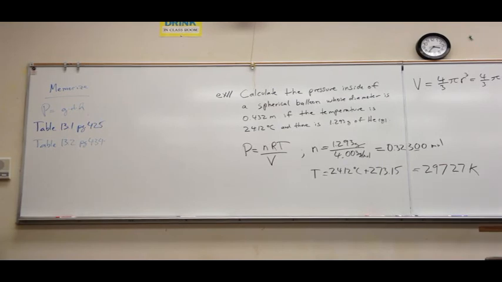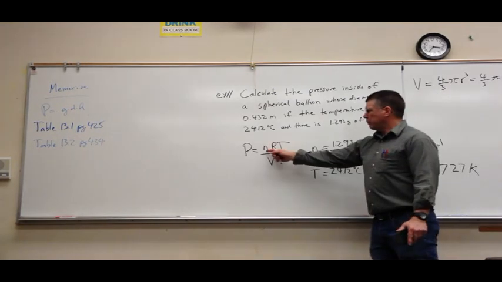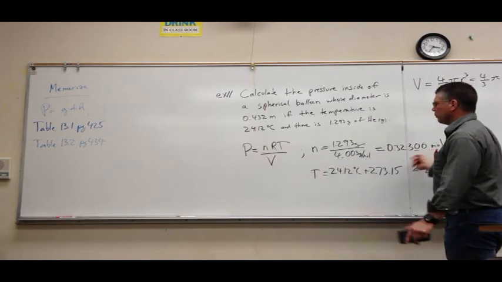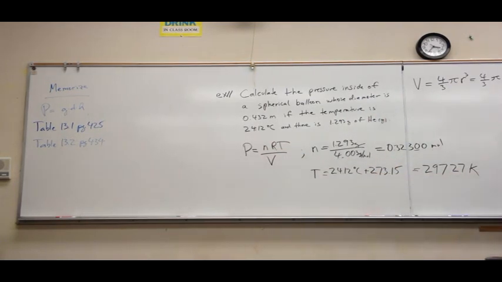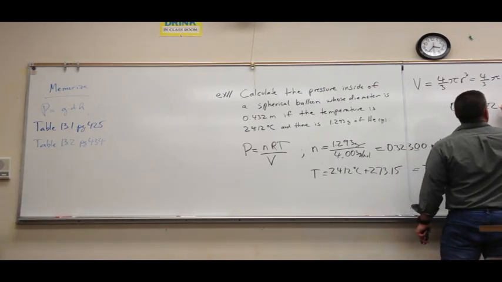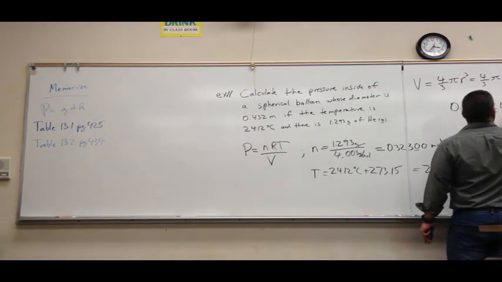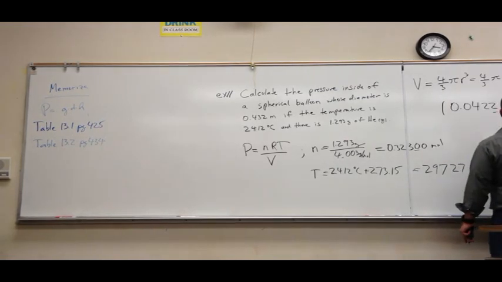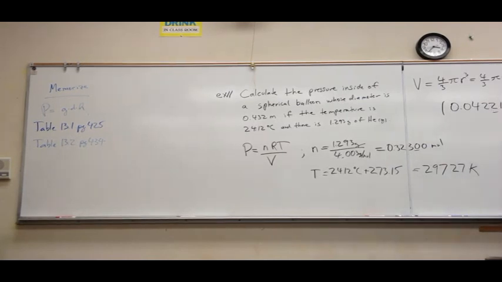Let's see, units. We have N in moles, T in Kelvin. What units did I say we need volume in? Liters. Go from meters cubed to liters. That's the conversion. There's 0.001 cubic meters in a liter.